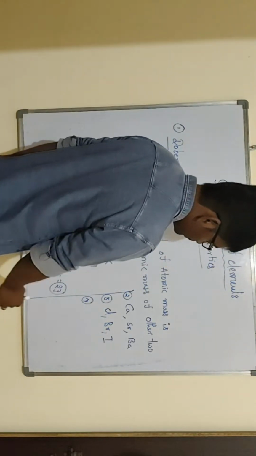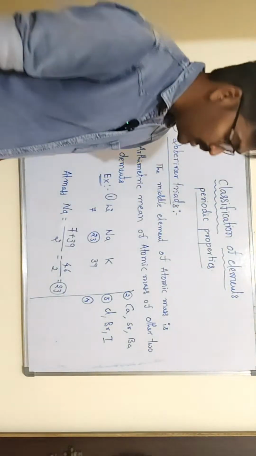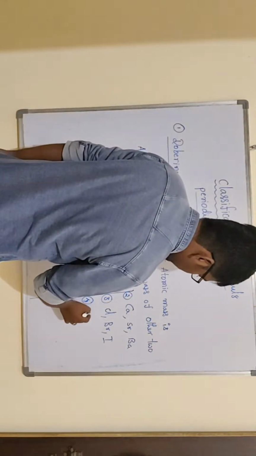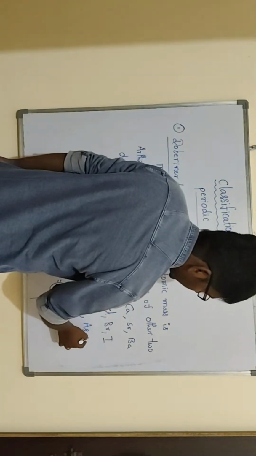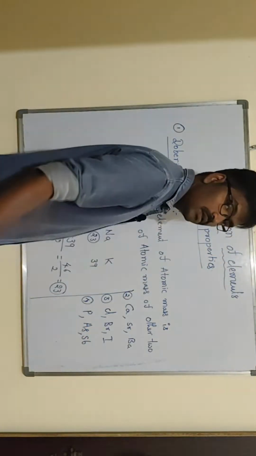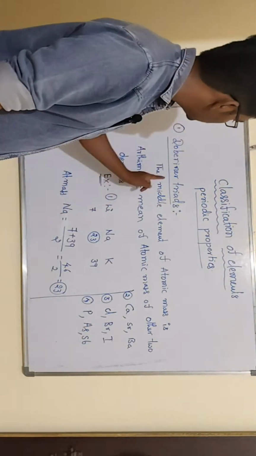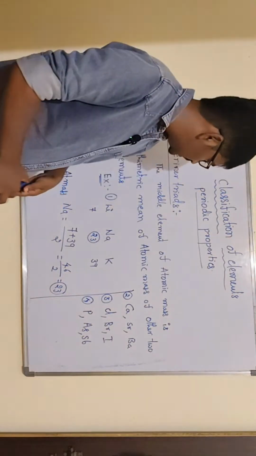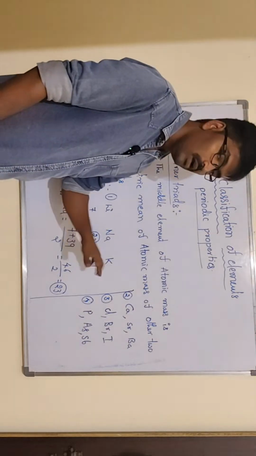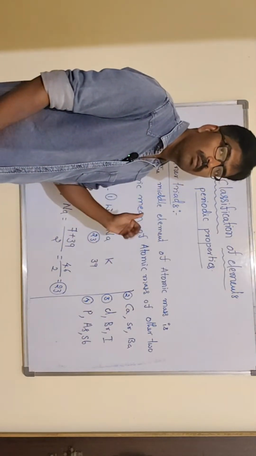One more example for the Dobereiner triads is phosphorus, arsenic, antimony. These are the examples you have to remember. These three elements are in one group according to Dobereiner.